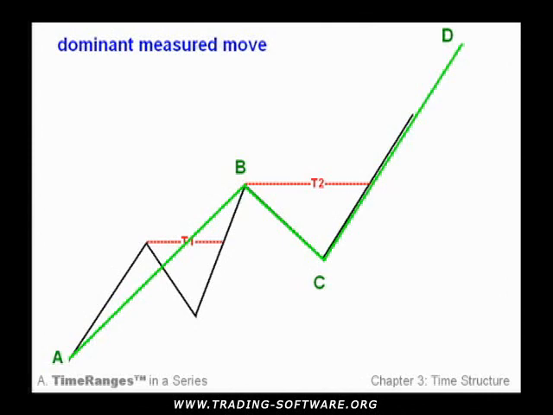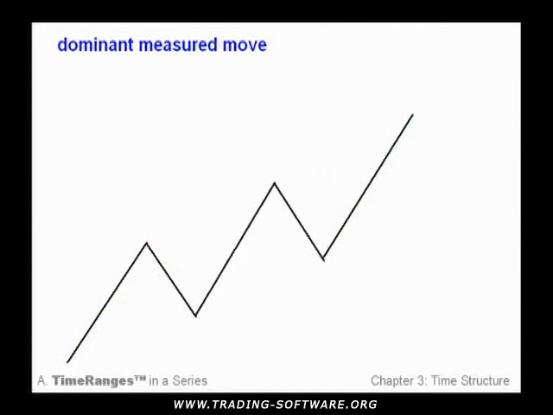With that in mind, the C to D move ought to equal, at least equal to A to B. This is why when you have a CD move that is associated with a more recent time range, that is the wider one in a series, then you have a tendency to see the move continuing in that trend direction.